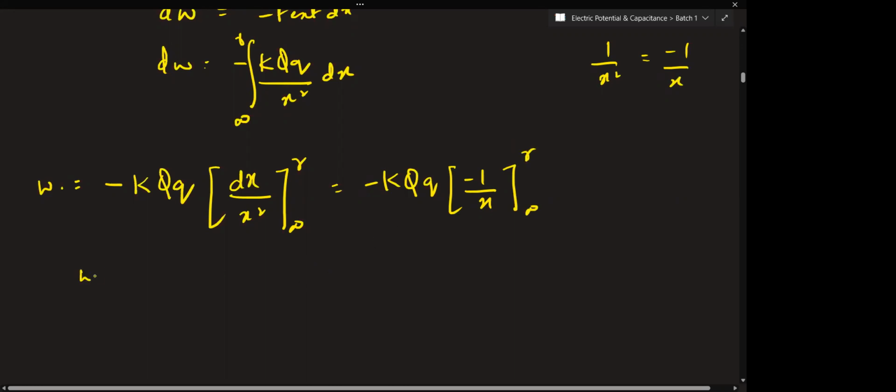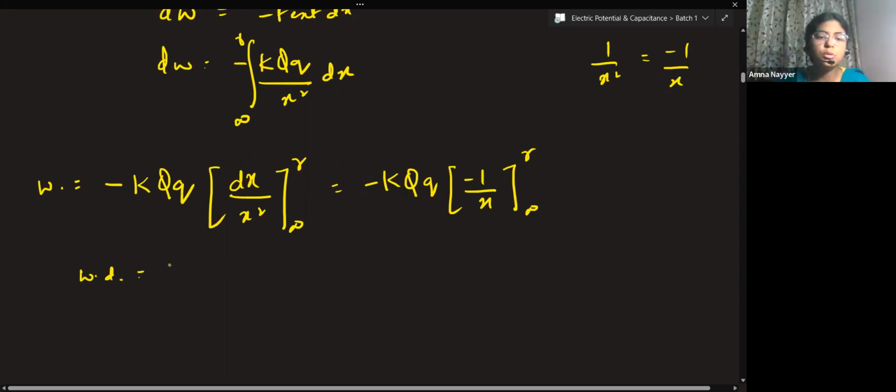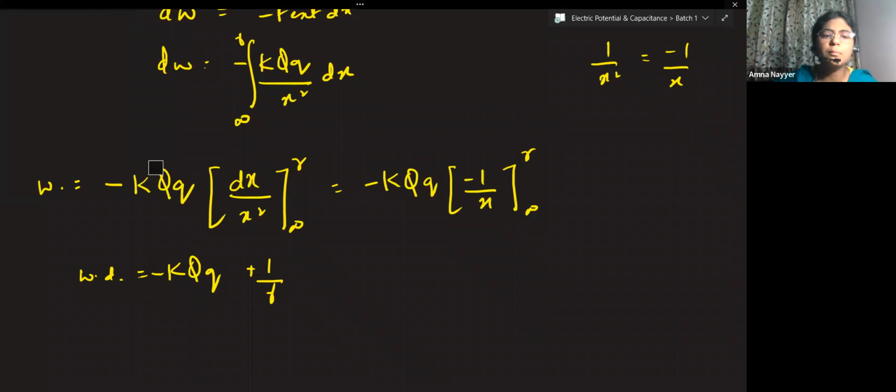Now whenever you have an upper limit and a lower limit, put the upper limit first, meaning 1 by R. Multiply it directly without taking the minus sign common, so that you get the answer in one step only.